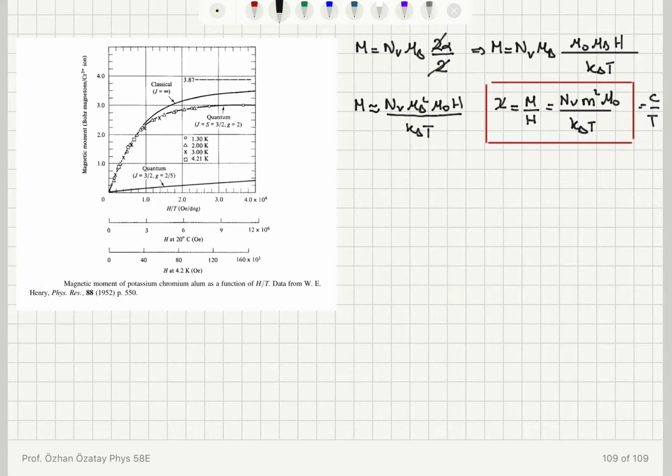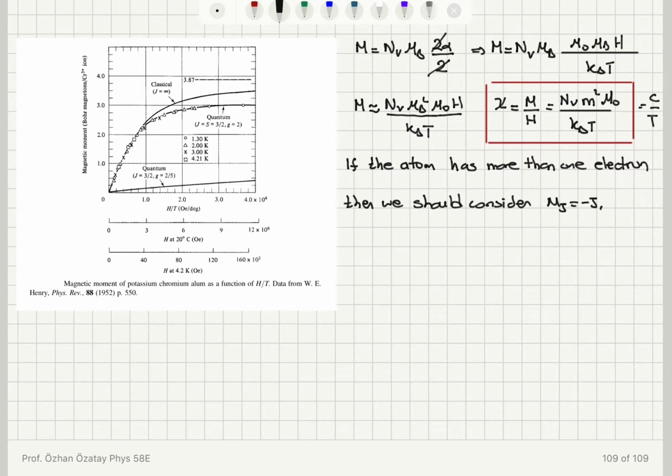2j plus 1 energy levels, so not a single spin. So if we generalize it, if the atom has more than one electron, then we should consider mj values between minus j and plus j and 2j plus 1 energy levels.